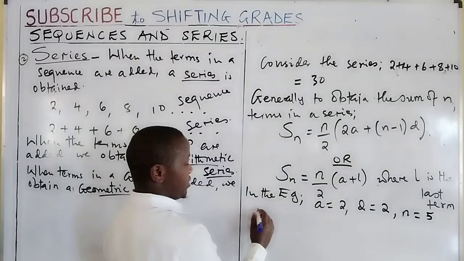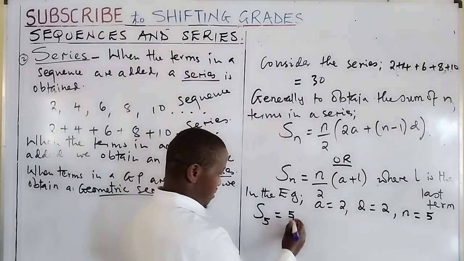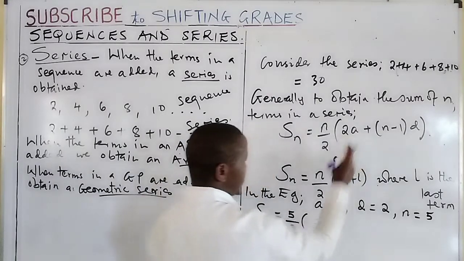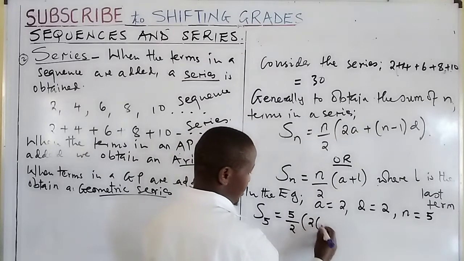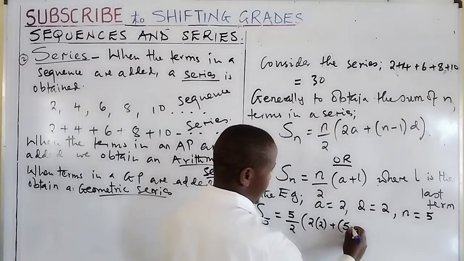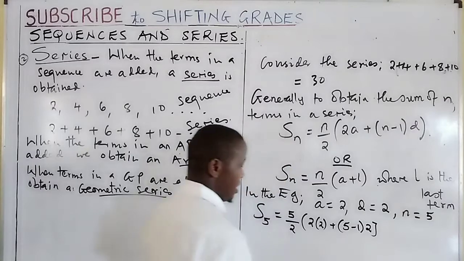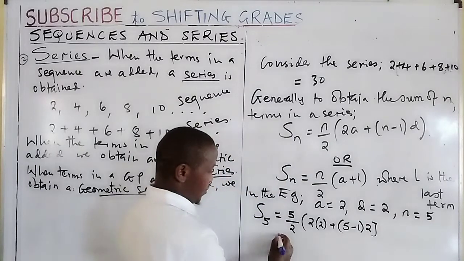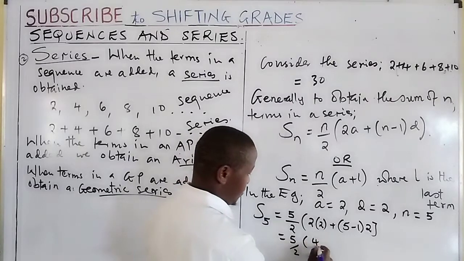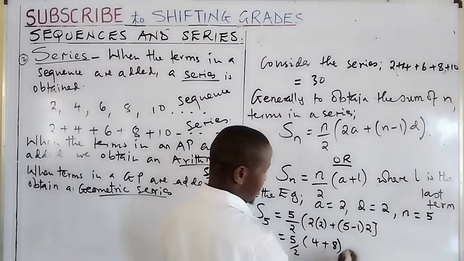Therefore, the sum of 5 terms will be n, 5, divided by 2 into 2 times 2, which is a, plus n minus 1 multiplied by 2, which is our d. In this case, we shall obtain 5 divided by 2 into 4 plus 4 by 2, which is 8.